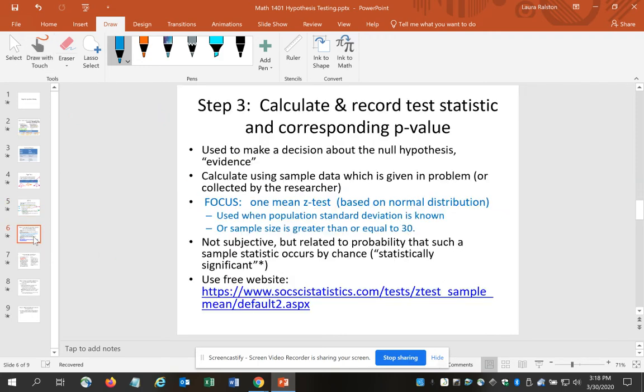Step 3 is we're going to actually calculate and write down our test statistic and the corresponding p-value. Now, personally, at this point, I would recommend that you use the free website. It's a little bit more user-friendly than the calculator, but you do have the option of using the calculator.